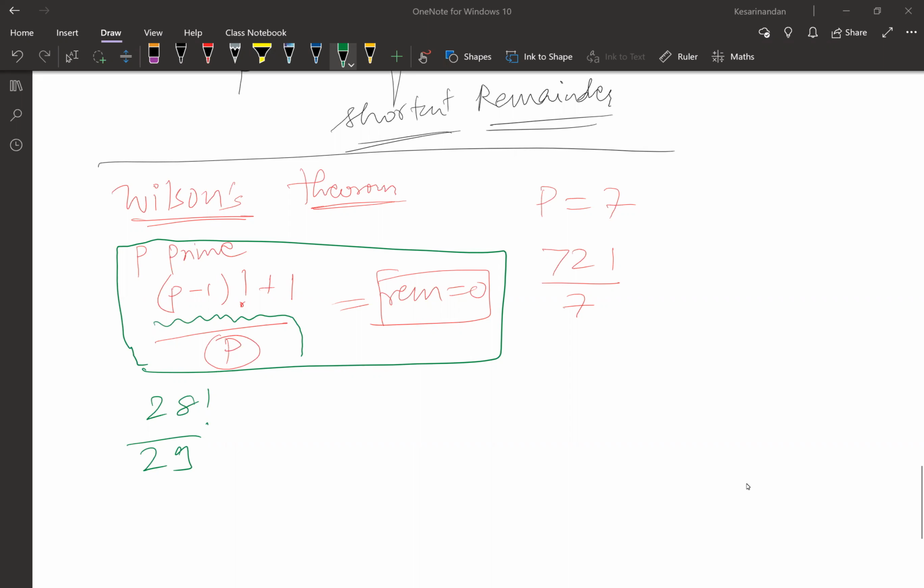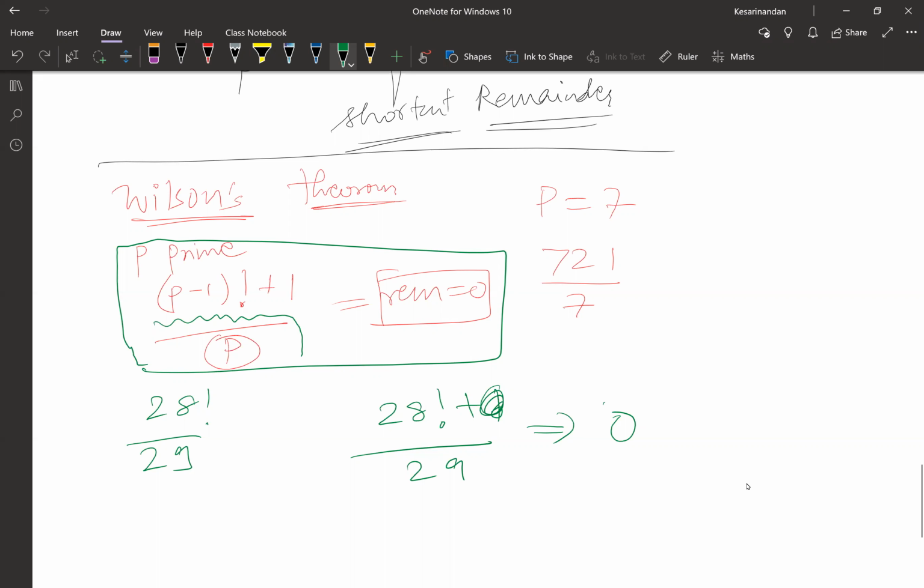Let's apply this theorem. So let's take p is equal to 29. So 28 factorial plus 1 by 29. How much will be the remainder? 0. So if I remove this 1 from here, should I subtract a 1 from here as well?